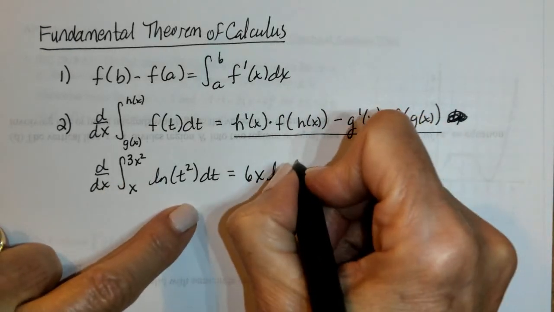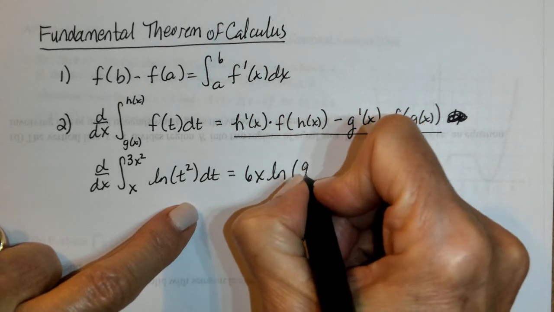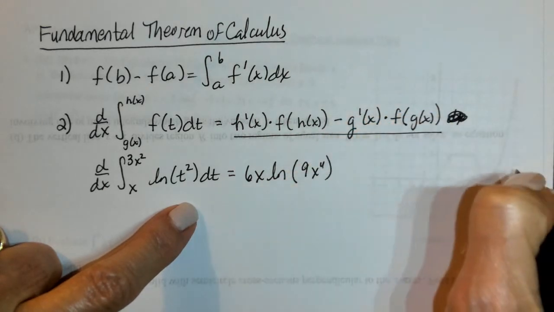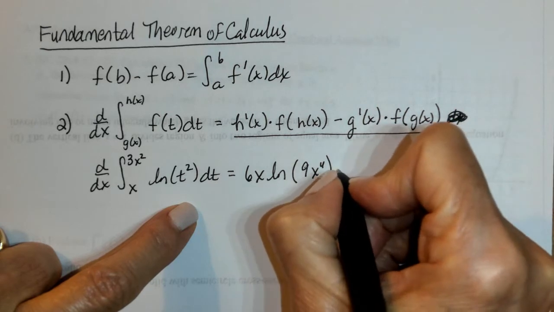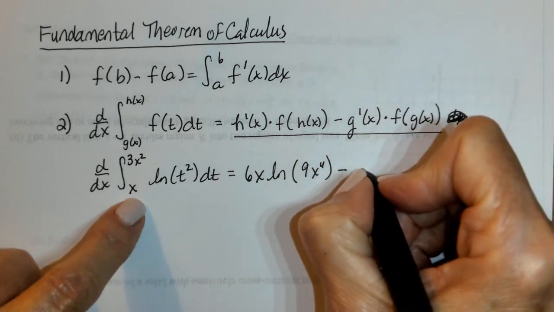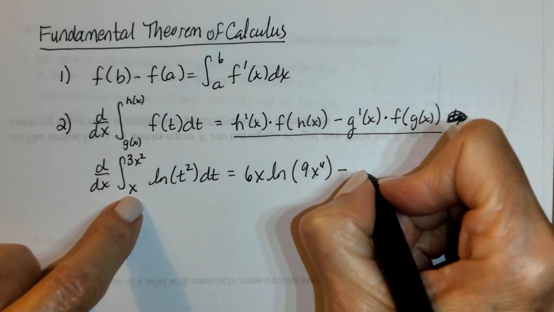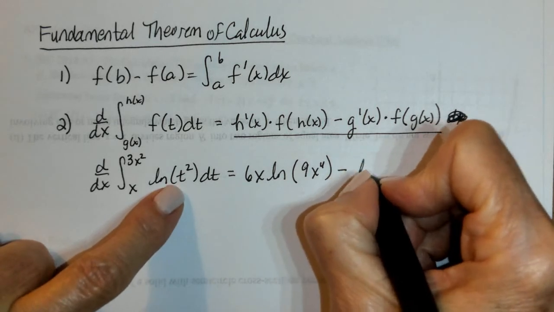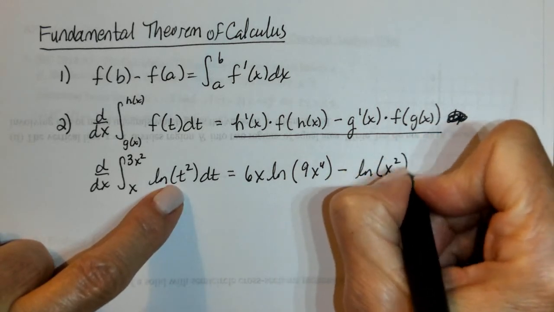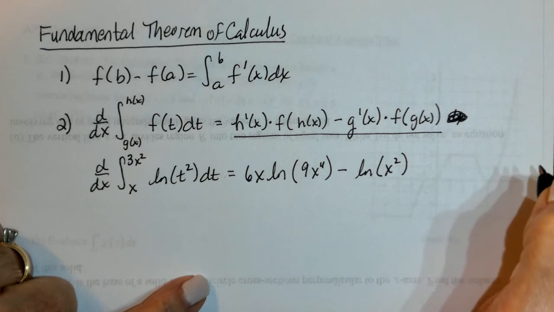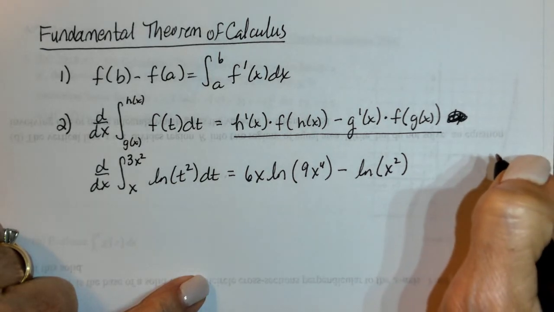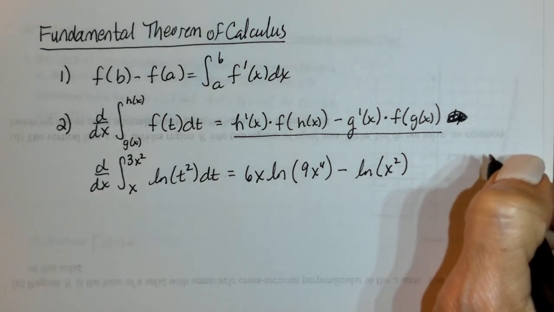If we replace t with 3x squared, that's going to be 9x to the fourth. Minus, the derivative of x is just a 1, and then we're going to replace t with x. And that will be our answer. That's the derivative of that integral.